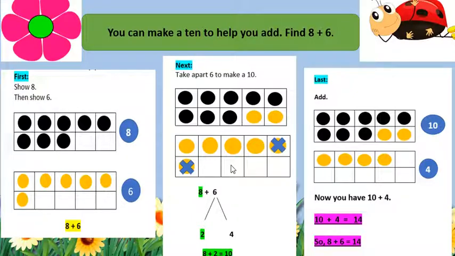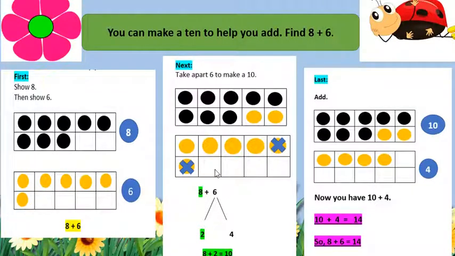Now, here, I filled in the 2 gaps in my first 10 frame. I put an X for me to be very clear that I took those away and put it in the gaps.